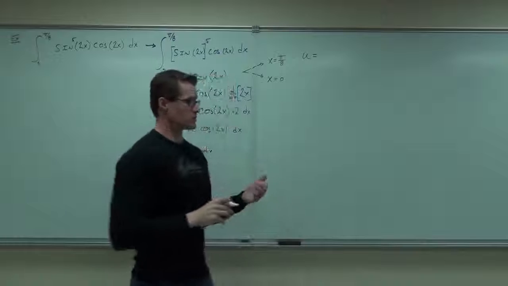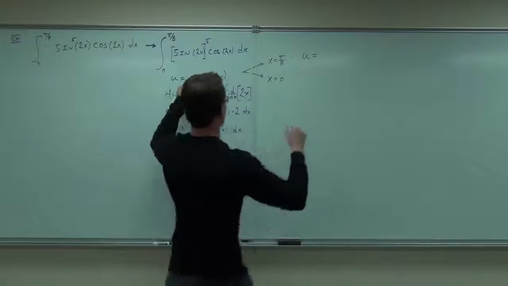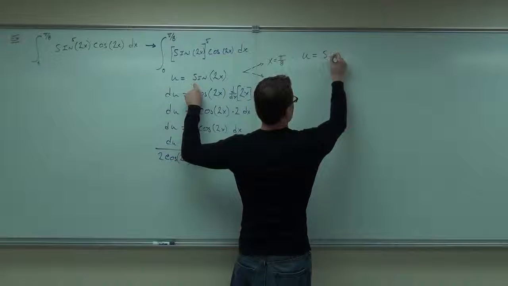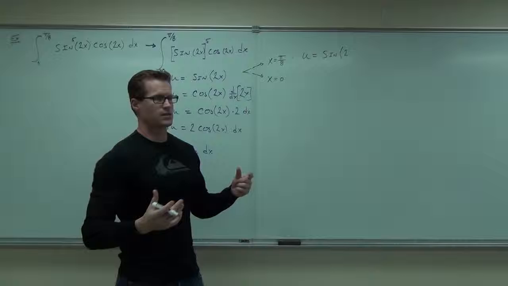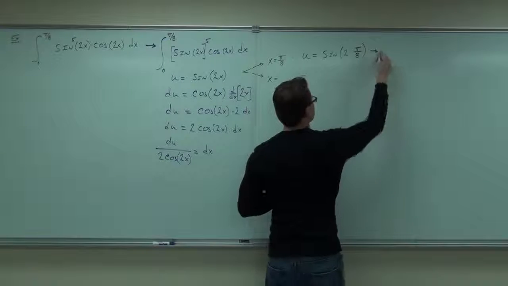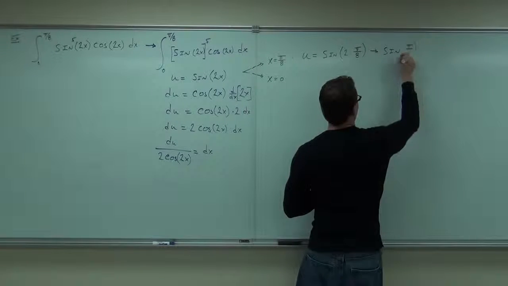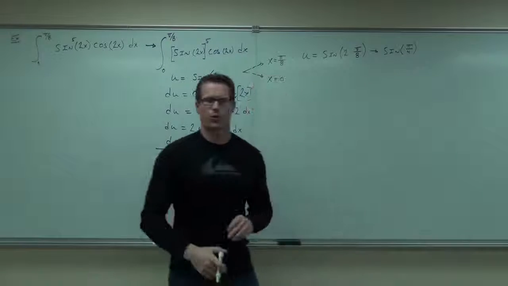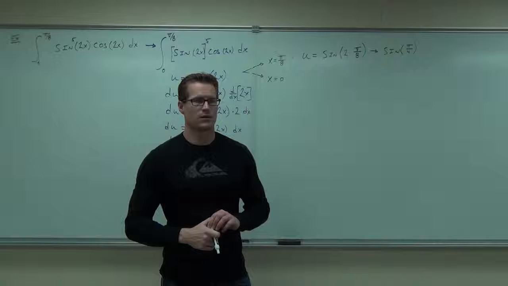You use your u substitution, you plug your x in, and you figure out what u's value is. So here we'll have sine of 2 times x. Well, x in this case is pi over 8. How much is sine of pi over 4? Square root of 2 divided by 2.